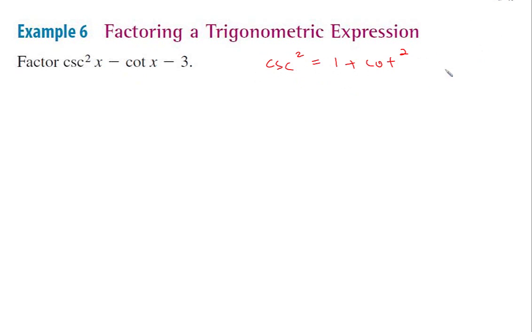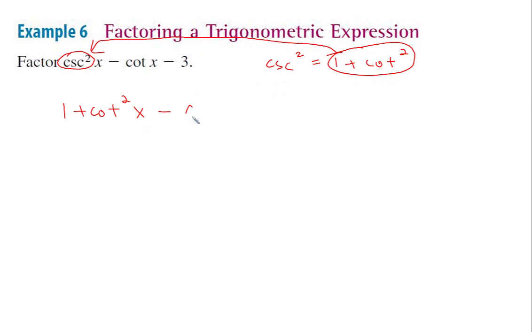Since we know these are equivalent, I'm going to replace this right here with this. I'm going to substitute it in here. So then that's going to give me 1 plus cotangent squared x minus cotangent x minus 3.